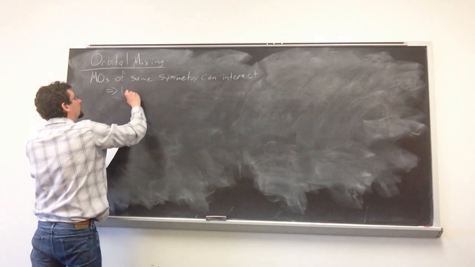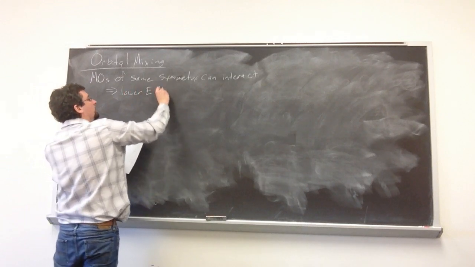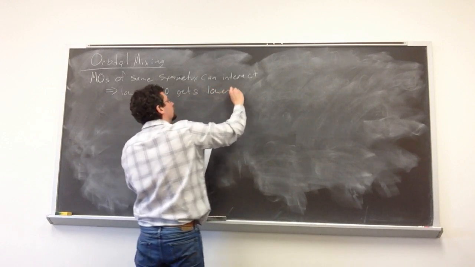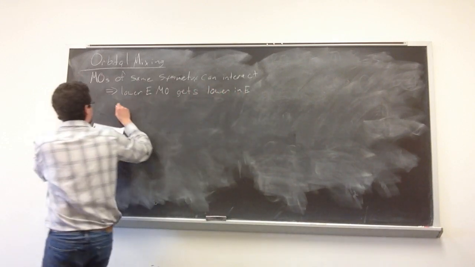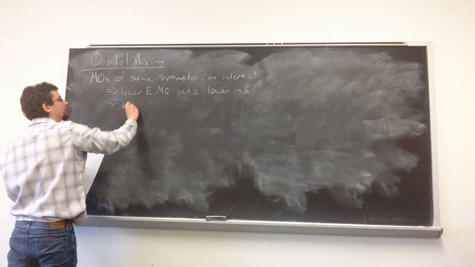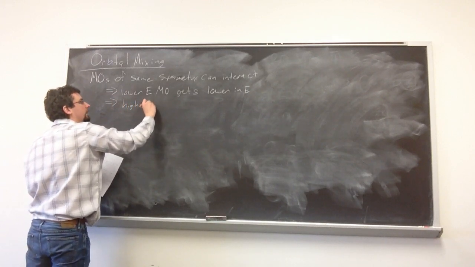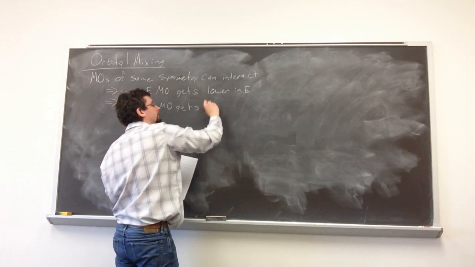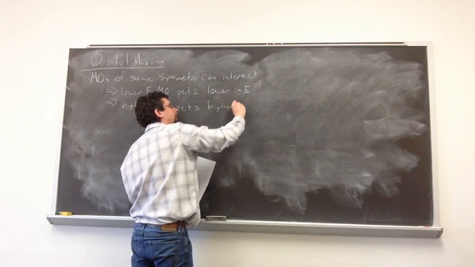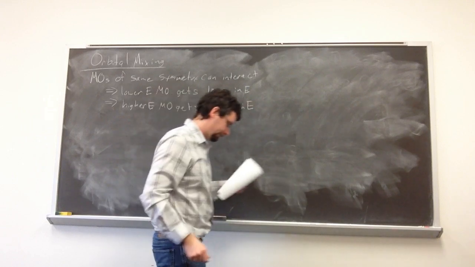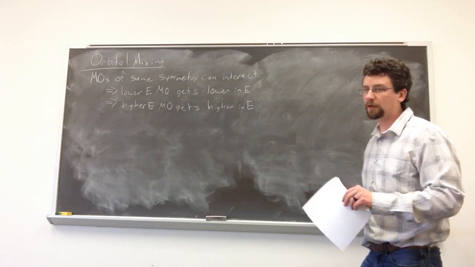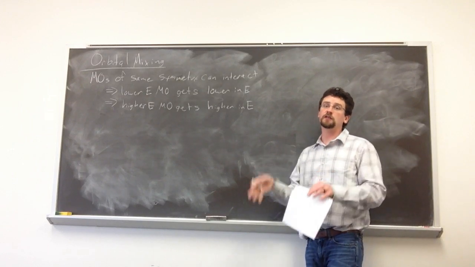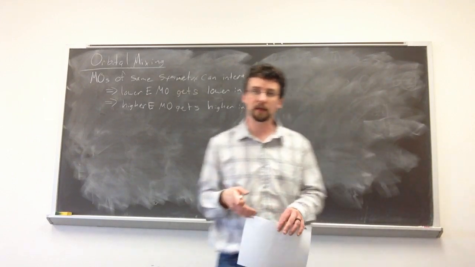So lower energy MO gets lower in energy, whereas the higher energy MO gets higher in energy. So, we're going to draw two systems. We're just going to consider a set of 2s and 2p orbitals interacting with one another.